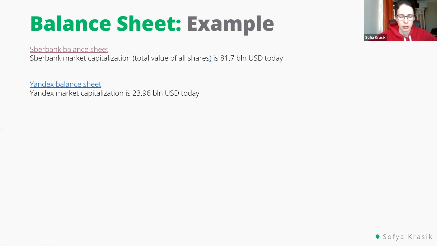So please type in the chat your guesses. What do you think is the approximate level of the shareholders' equity calculated from the balance sheet of Yandex? If you wanted to estimate Yandex by just recording every asset it has and every liability it has, and making this cut for a specific date today, how much do you think it could be?